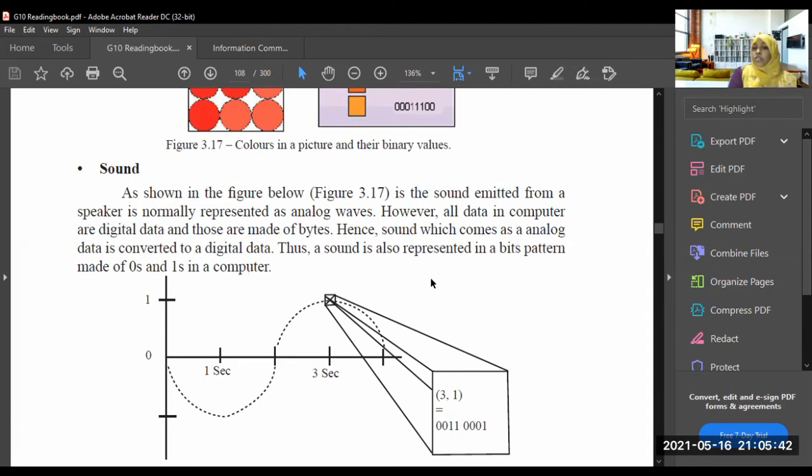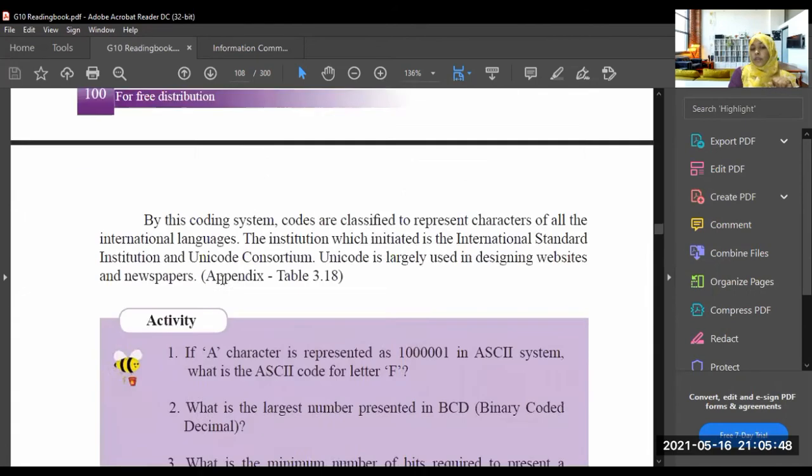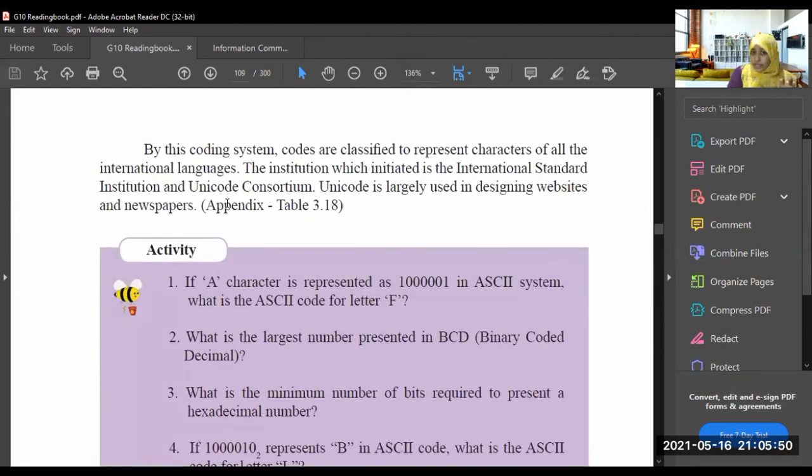Thus, a sound is also represented in a bit pattern made of zeros and ones in a computer. By this coding system, codes are classified to represent characters of all the international languages. Got the answer, Kenneth? We can use all the international languages with this coding system.